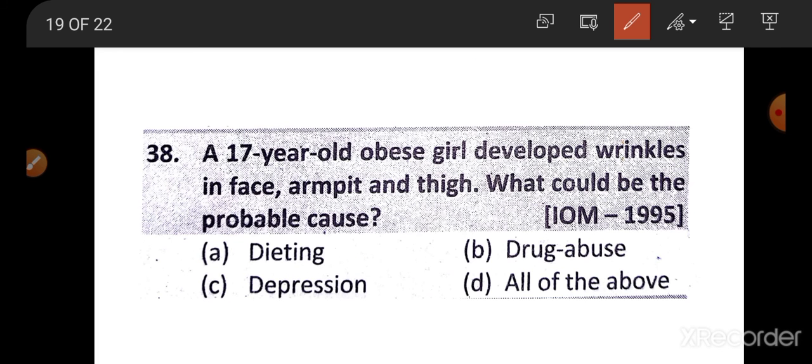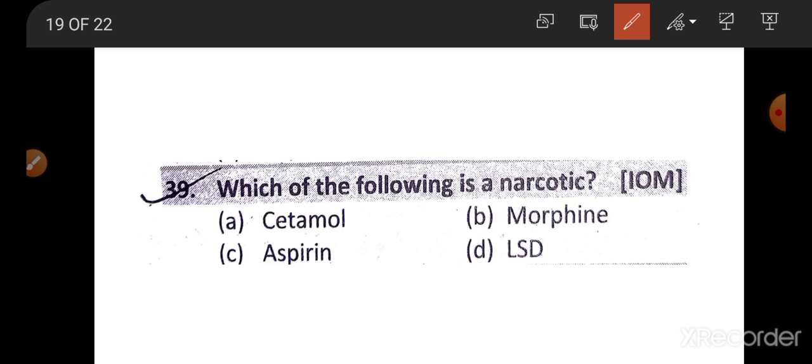38. A 17-year-old obese girl developed wrinkles in face, armpit, and thigh. What would be the probable cause? This would be drug abuse. Which of the following is a narcotic?